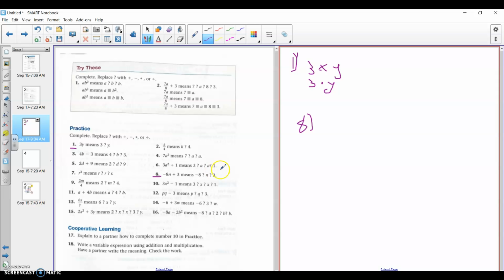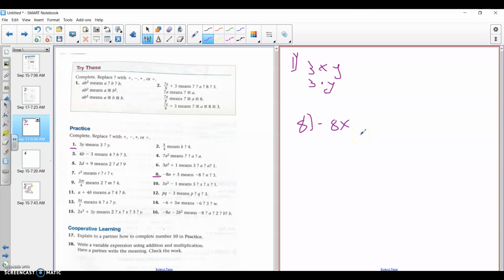8n plus 3. So I'm going to take my negative 8, and what is in the middle, what's between the negative 8 and n? Well, we know that's negative 8 times n. So again, you can use an asterisk, x, or a dot. I am going to use an x right here.